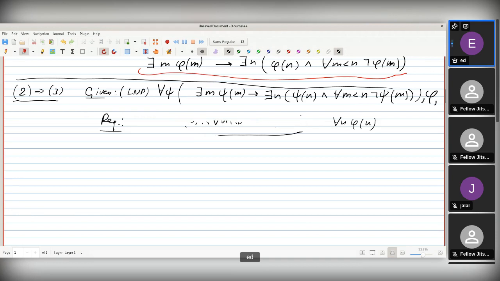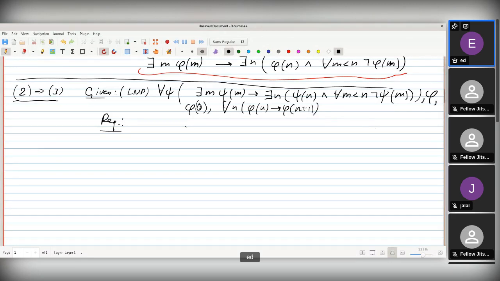Assume that indeed phi of 0 holds. It is given that phi of n implies phi of n plus 1. And we are interested in proving that for every n, phi of n holds.